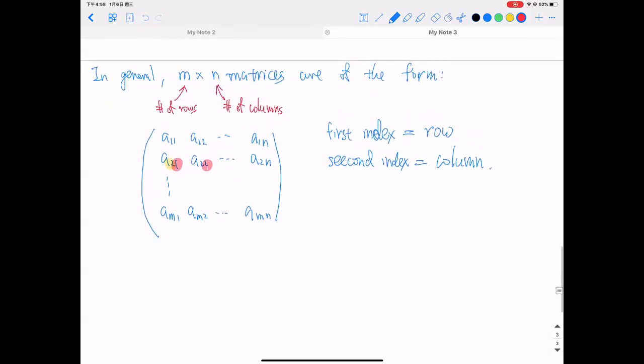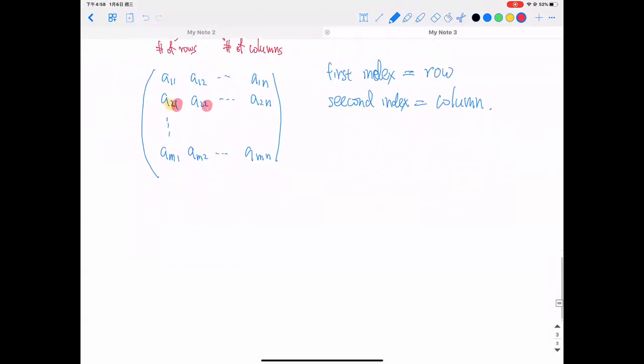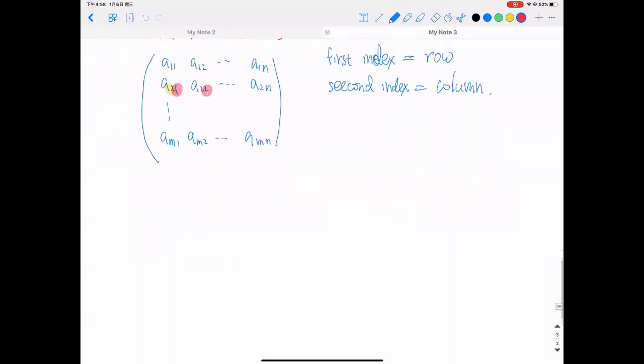What are we going to do with this? And why is this supposed to be important for this course? Well, the first reason is this. We can use matrices to describe or to represent linear systems.